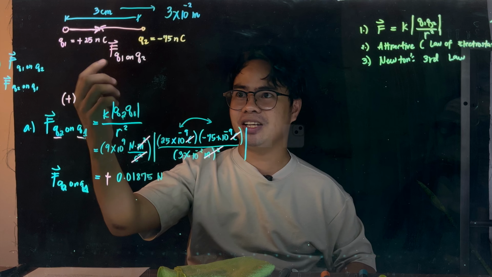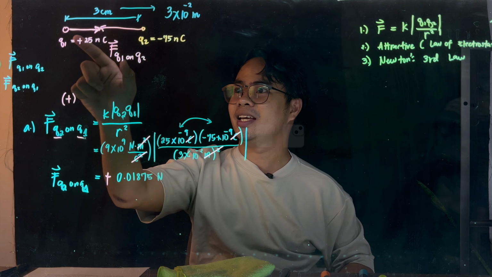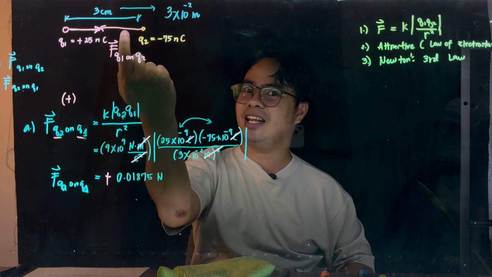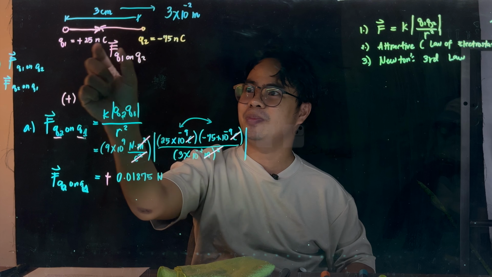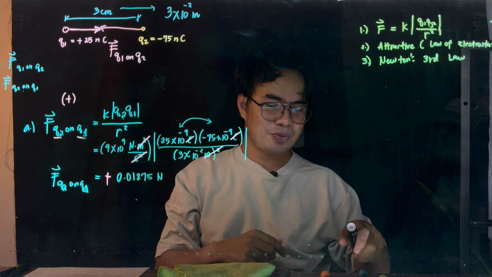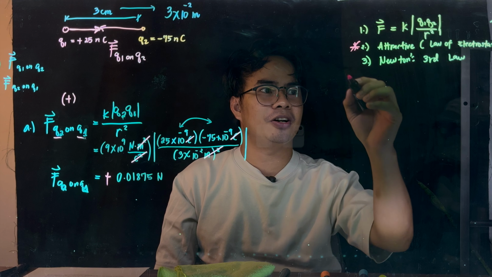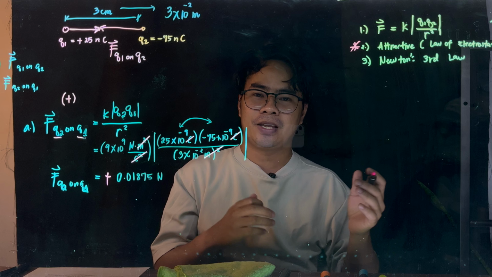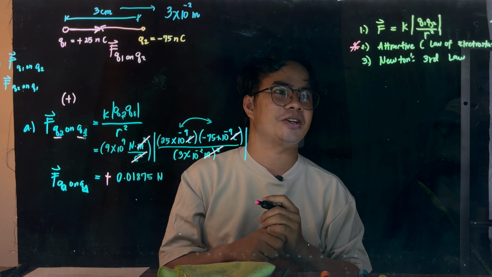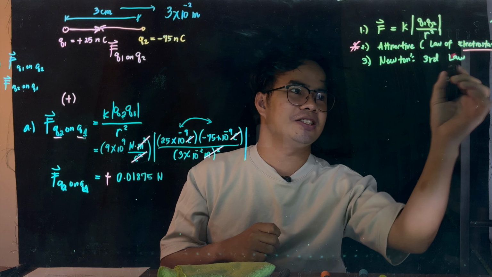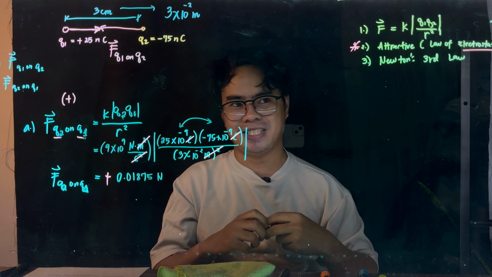And going back earlier, the force that Q1 exerts on Q2 is towards the left, which tells us that Q2 is being attracted to this one. And that is what I said earlier, that the force is attractive because of the opposite nature of the sign of the charges. And that's basically what is said by the law of electrostatics.